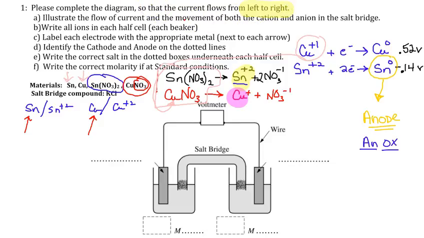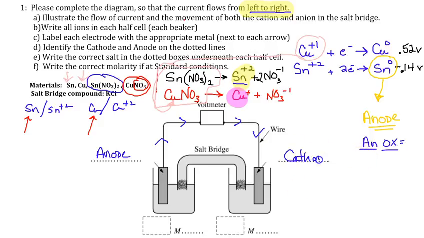So if the current is going to flow from left to right, we know that the anode must be on the left. And you say, well, how do I know that? Well, electrons, or the current, are always going to flow from the anode to the cathode. Why? Well, the anode is where oxidation occurs, and oxidation is the place where electrons are released or lost, LEO, okay? And of course, the cathode must be to the right.